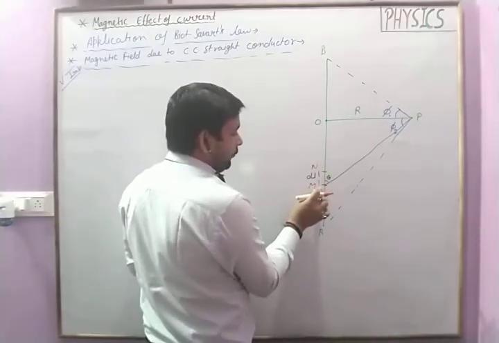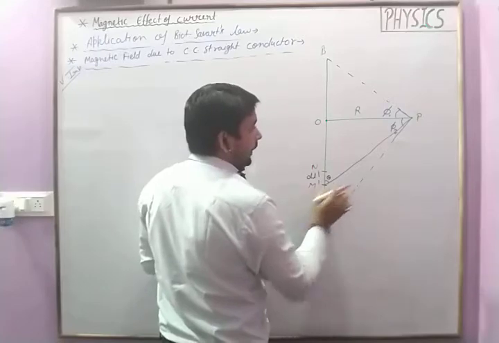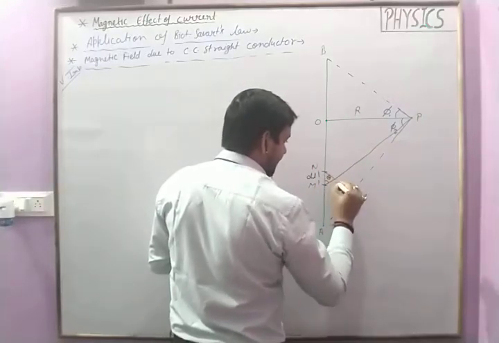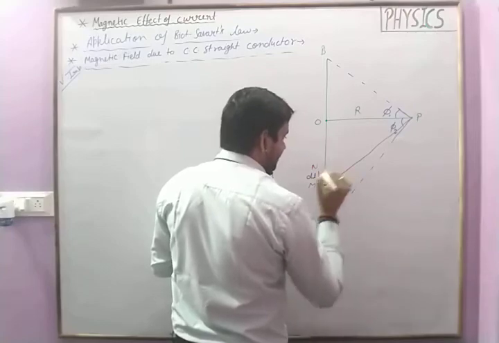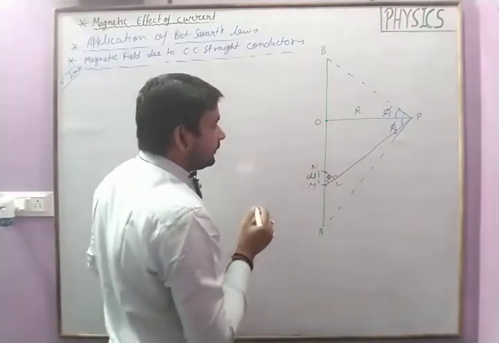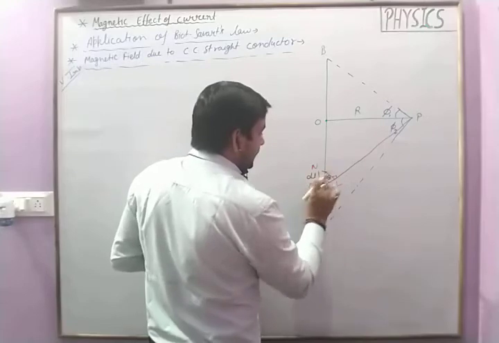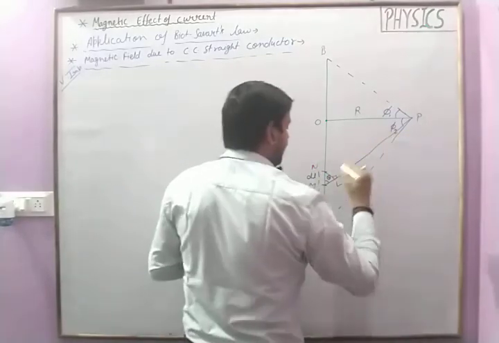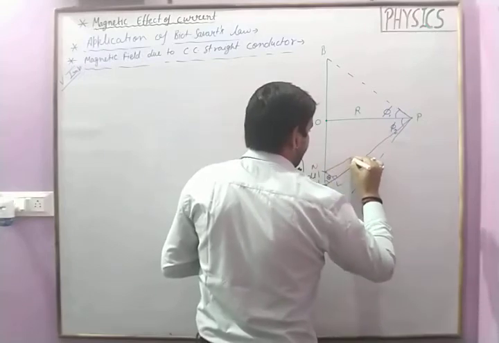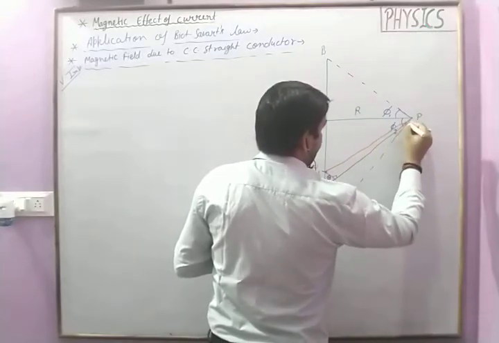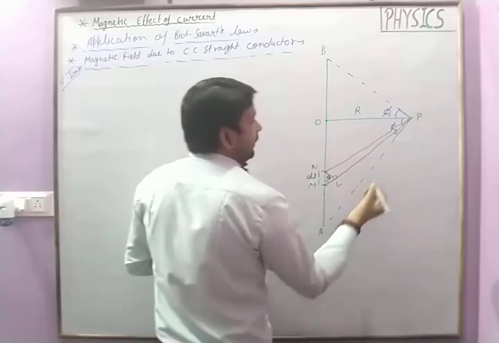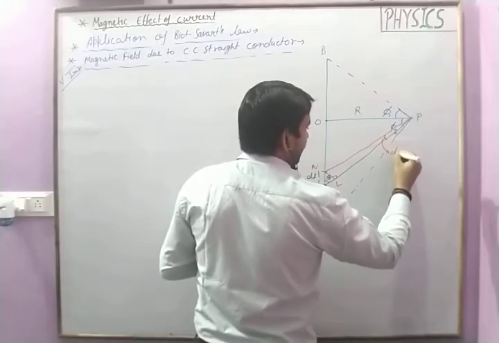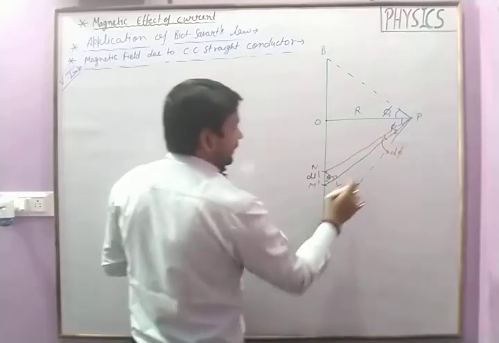The perpendicular from N on MP, let's say L. This is 90. And when we join these points N and P, then we observe this forms an angle d phi.